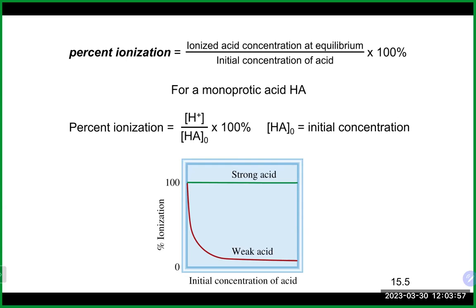And in a strong acid, it is 100% ionized or dissociated. So it's going to completely break apart. In a weak acid, it's a little different. We have a lot more percent ionization here versus here.